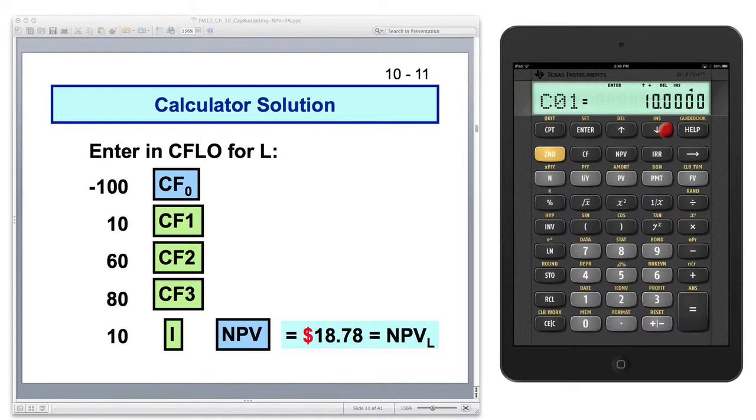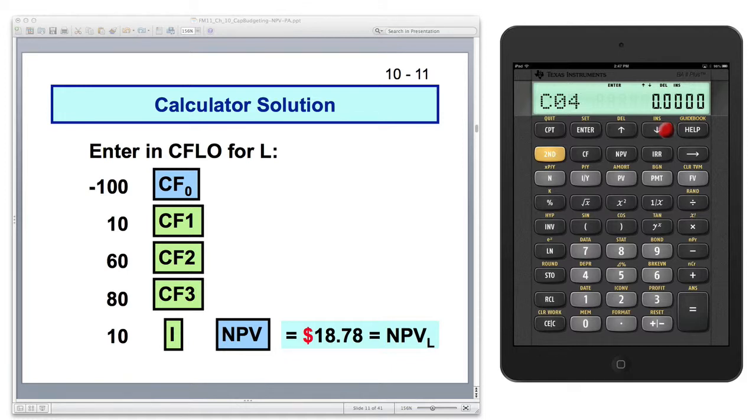CF0 is minus 100. That means your initial investment was $100. Minus is not a bad thing. In a lot of finance, actually, it means that the cash is going away from you, which usually means an investment. So you invested $100 in a project. After the first year, you get $10, then $60, and then $80.